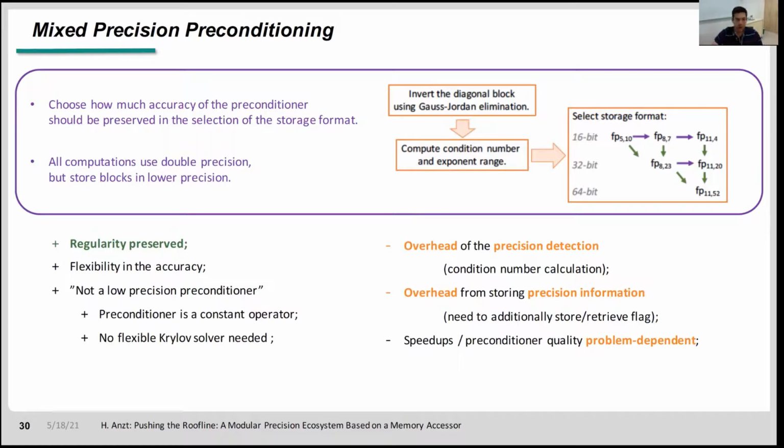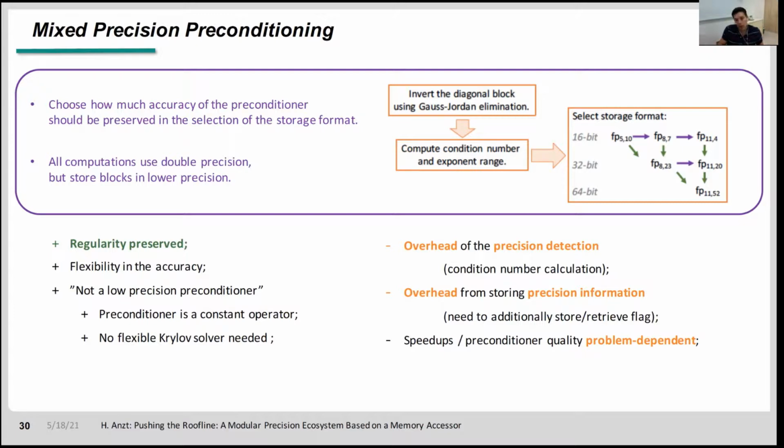So by doing this, we can make sure that we preserve the regularity. Also, and that is different to just using a low precision preconditioner, we still use double precision in all arithmetic operations. So all computations still use high precision. It's only the data format that is used for the memory operations that is different.